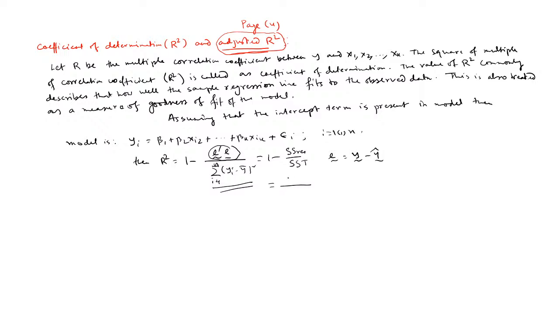So R square is the sum of squares due to regression divided by the sum of squares total.